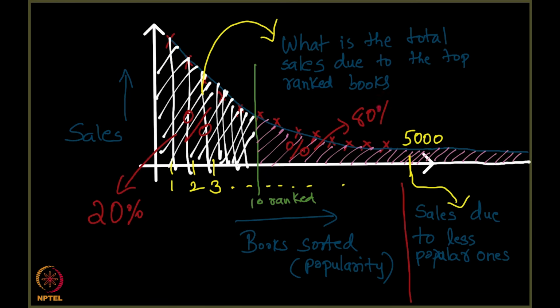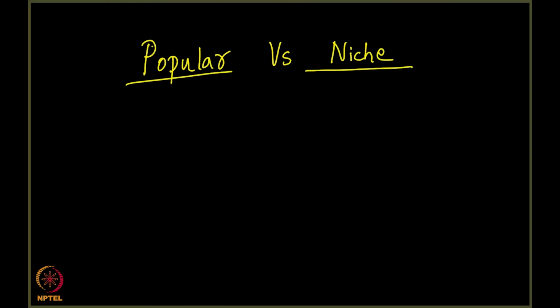And what is more interesting is what exactly is the percentage? 20%, 80% is what I'm saying. It could be different. So in your business, you may have to see what are the popular products versus the niche ones. You should have a good understanding of this ratio.